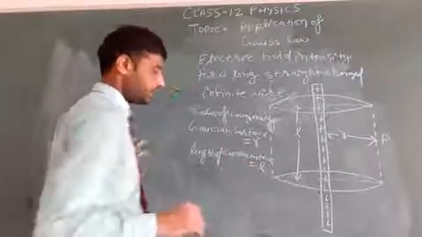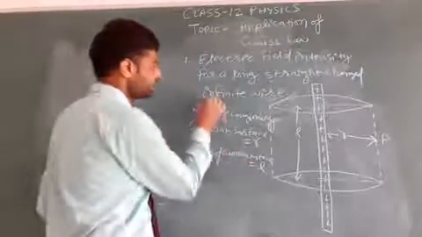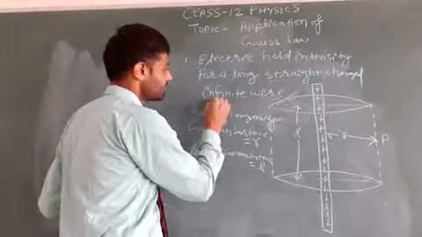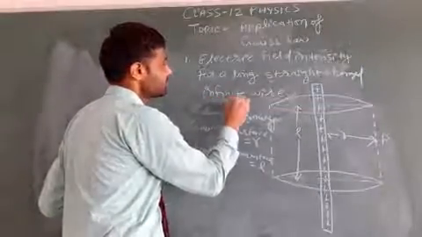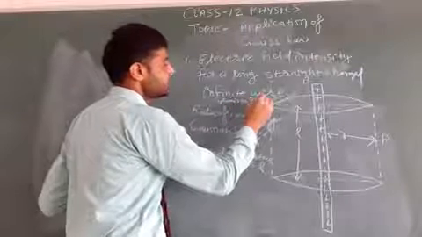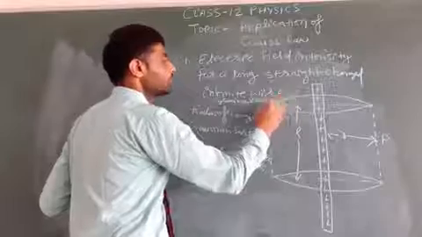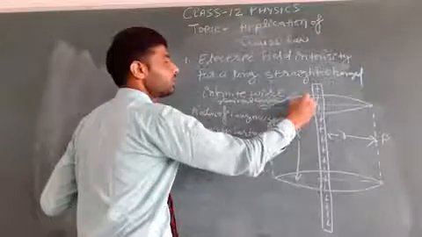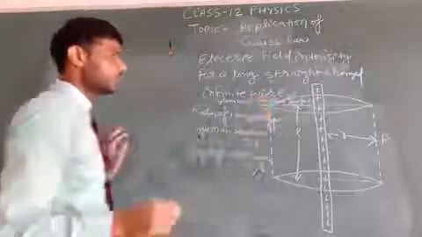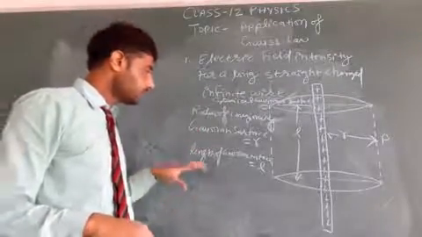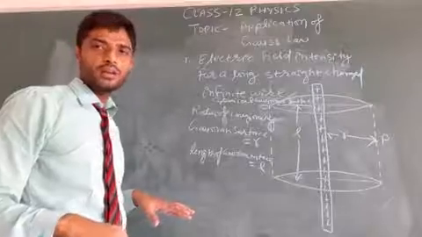This is a cylindrical Gaussian surface. So radius is R and length is L.